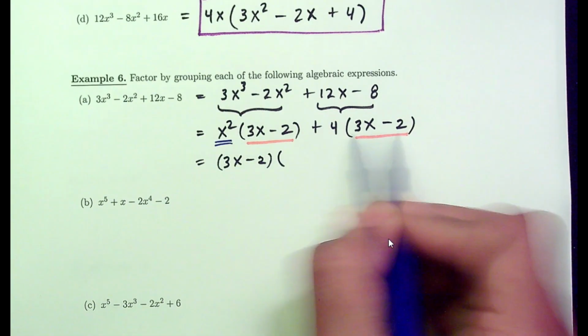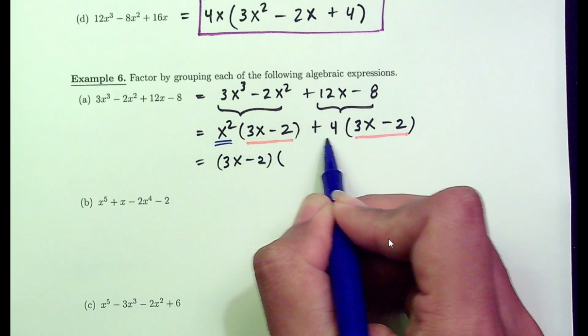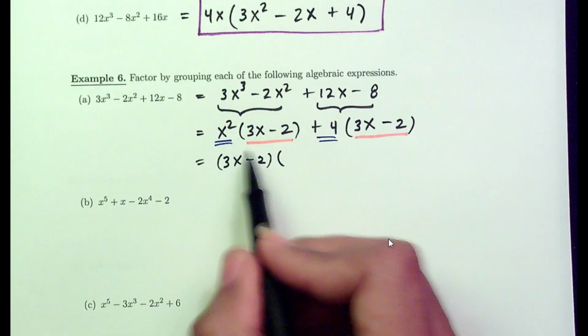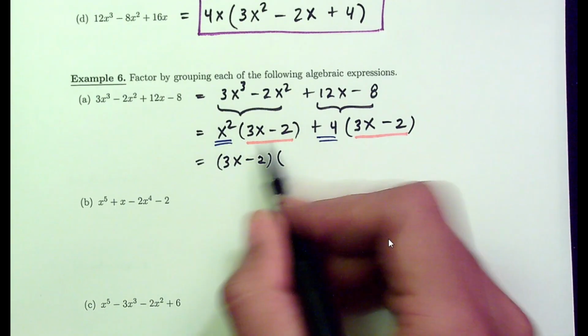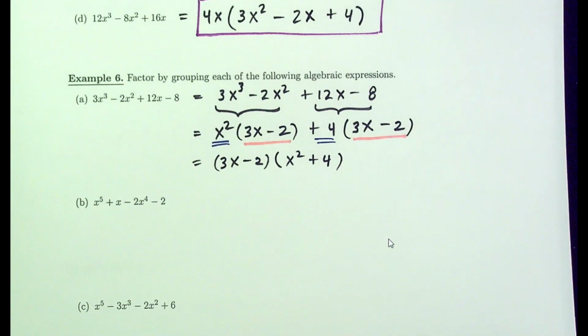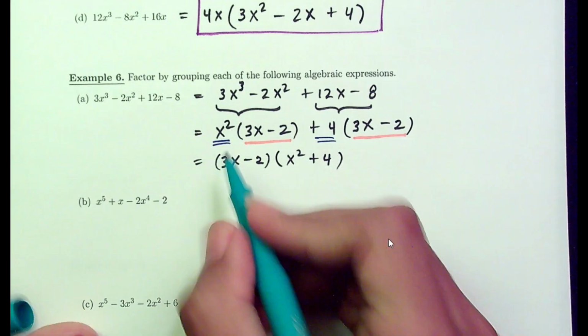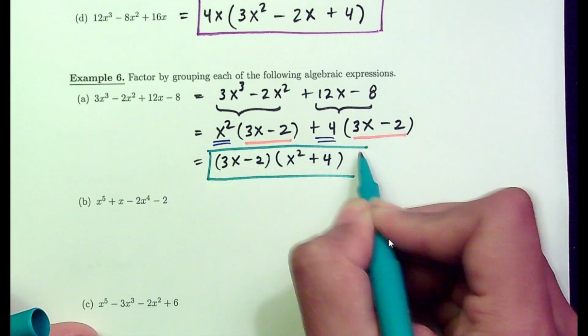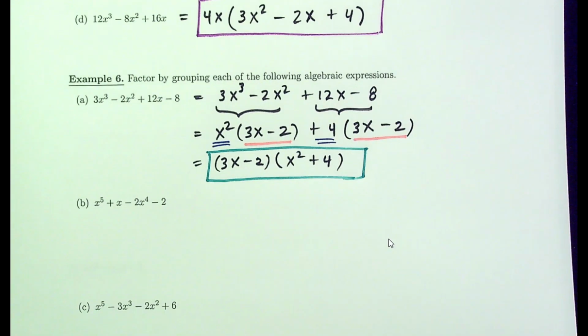And if I pull this one out, I'm left with a plus 4. So factoring out the 3x minus 2 from both of them leaves me with x squared plus 4. And that is the answer for that. That is the factorization. And that's how this method works.